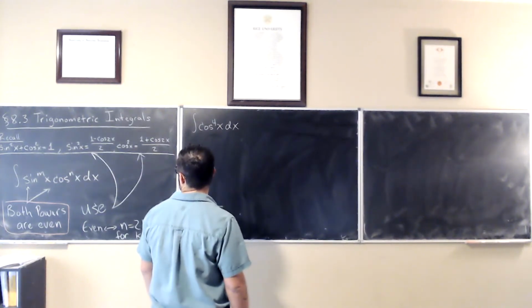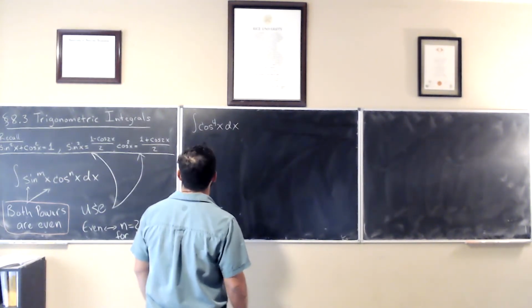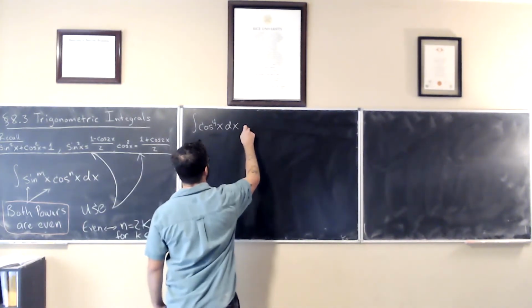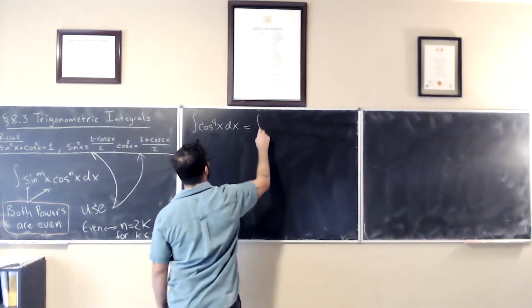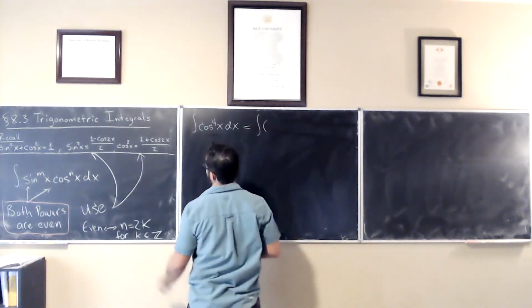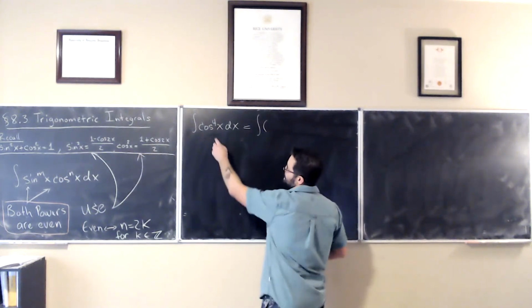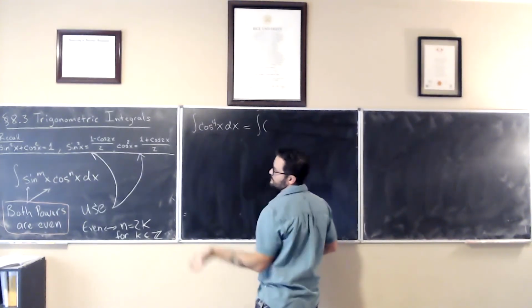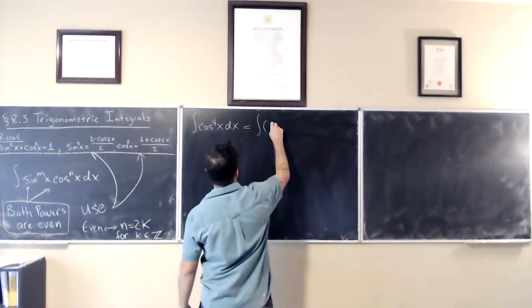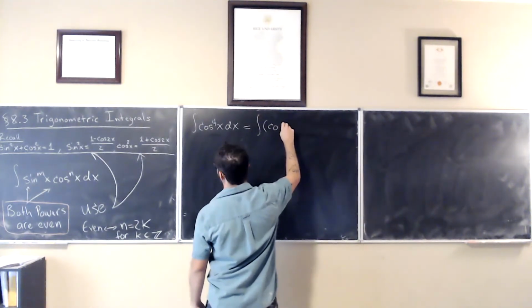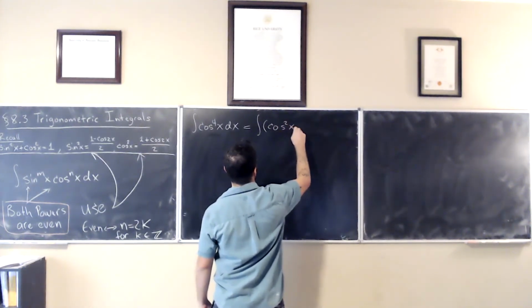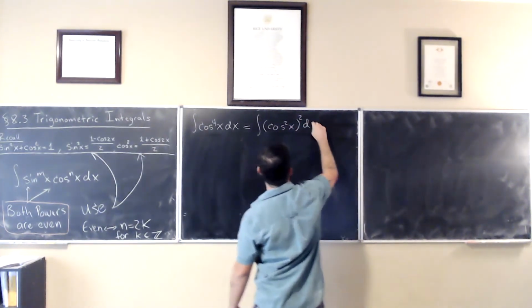So this is going to be equal to, in order to use that, I need to write this as cosine squared somehow. And I can do that: cosine squared x, all squared, dx.